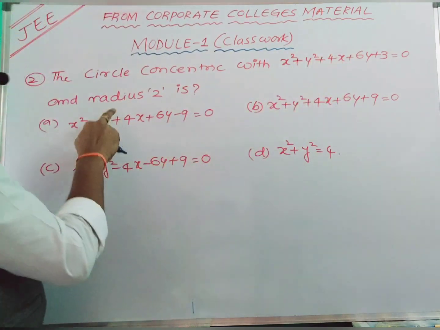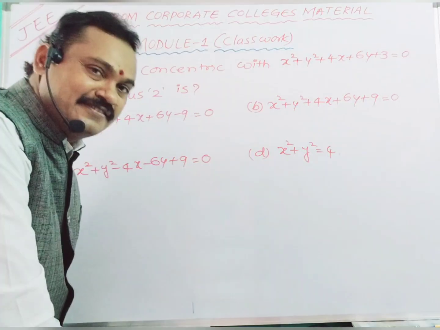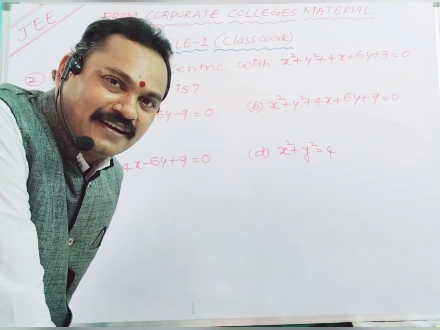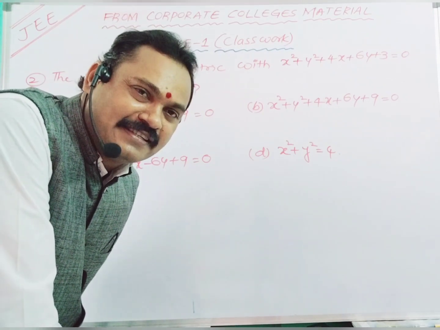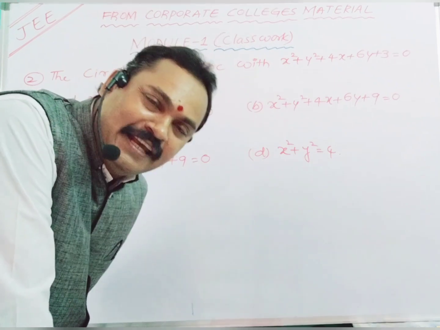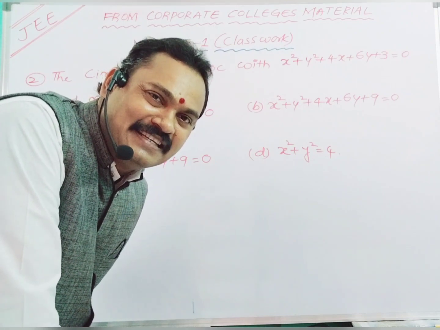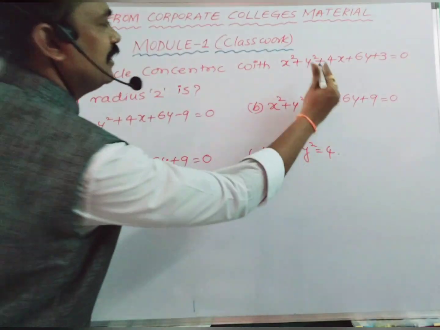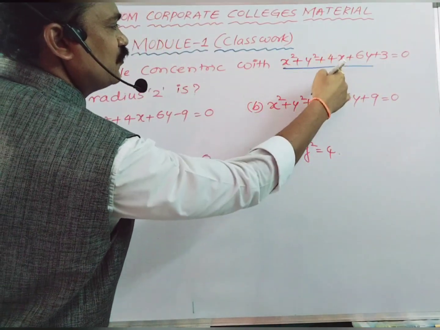Okay. If two circles are concentric, do you remember what I discussed just before? If two circles are concentric, they differ only by the constant; the first 4 terms remain as they are. Observe here the first 4 terms: x square plus y square plus 4x plus 6y should be as it is, right?